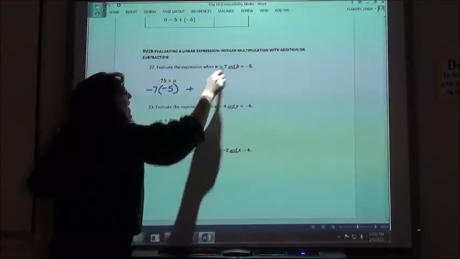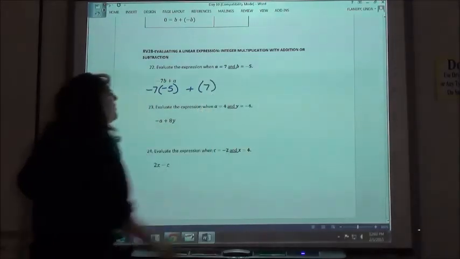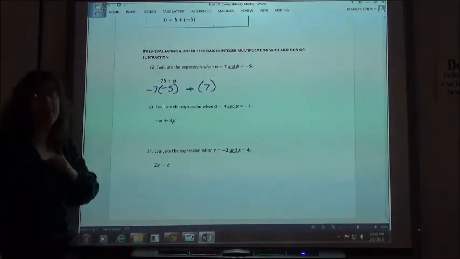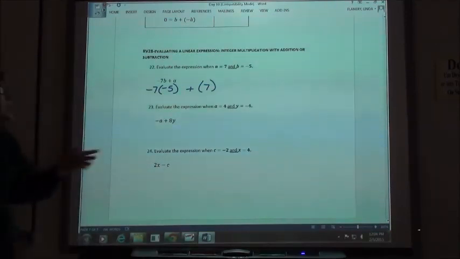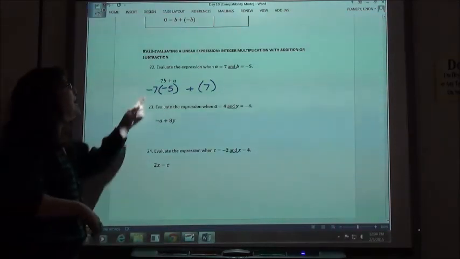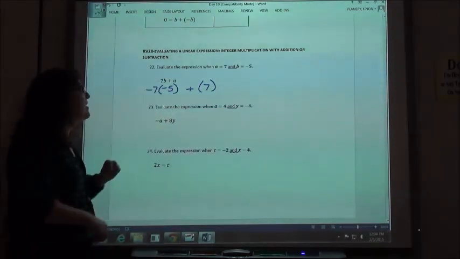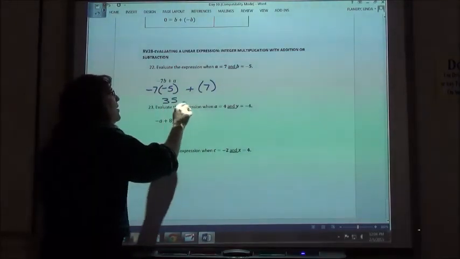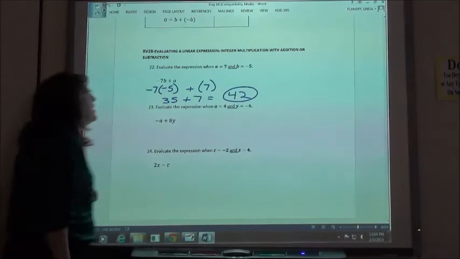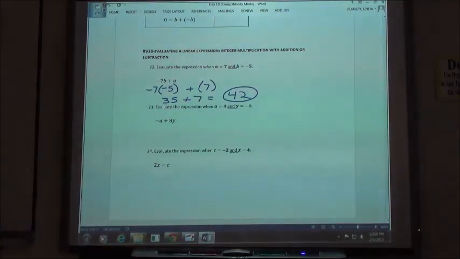I'm going to add the a value, which happens to be a 7. Now, since this is a plain 7, I really didn't need the parentheses, but it doesn't hurt to put them there. You could punch this into your calculator just like it looks, but we like to practice our order of operations. -7 times -5 is 35. 35 plus my 7 is 42. So 42 would be my answer.